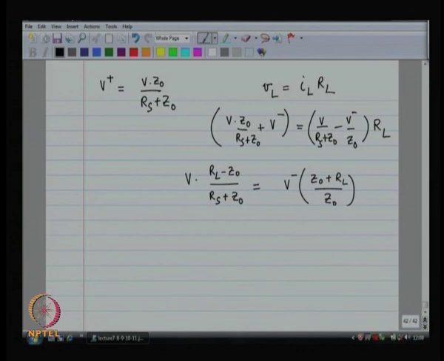So, what does this tell you? What is V plus, what is V minus by V plus?